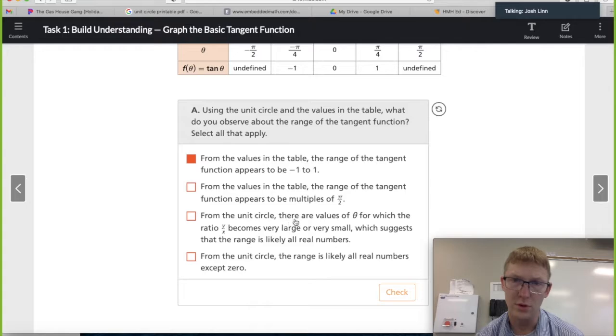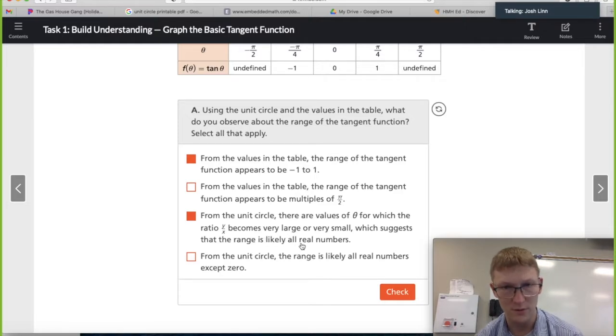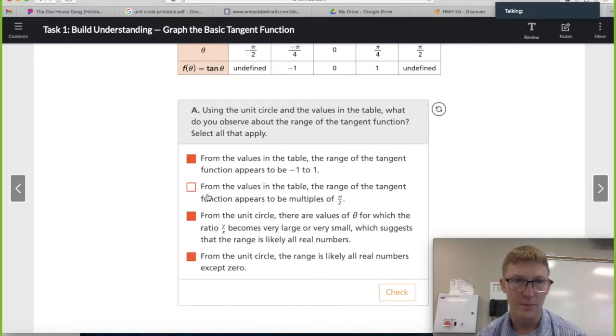From the unit circle, there are values of theta for which the ratio y over x becomes very large or very small, which suggests the range is likely all real numbers. I like those two.